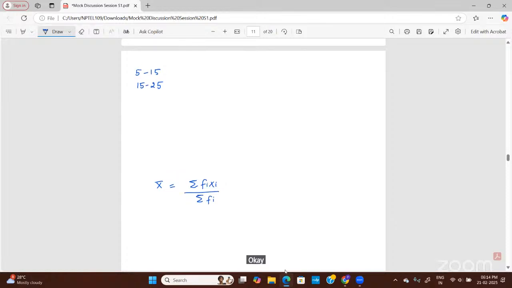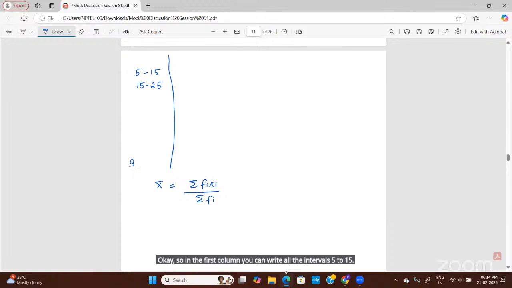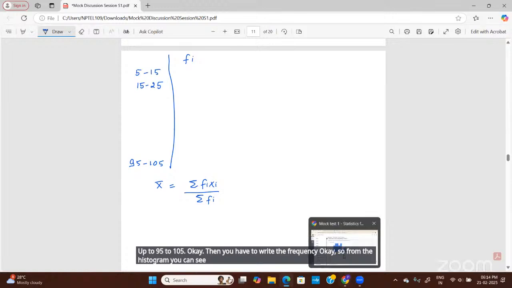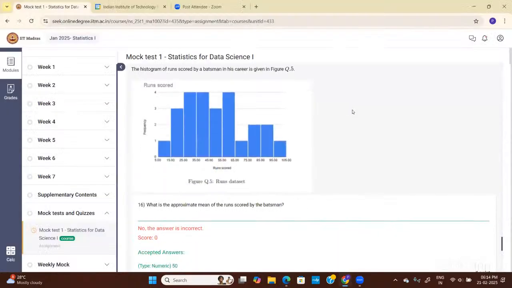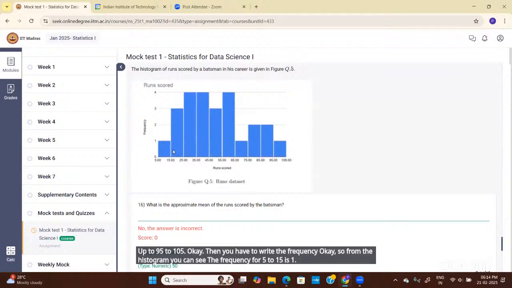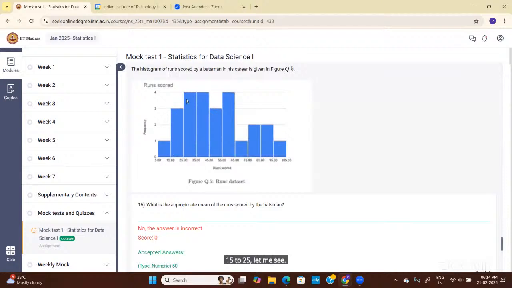Okay, so in the first column, you can write all the intervals, 5 to 15 up to 95 to 105. Then you have to write the frequency. From the histogram, you can see the frequency for 5 to 15 is 1, 15 to 25 it is 3, 25 to 35 it is 4, then 35 to 45 it is again 4, then for 45 to 55 it is 3, for 55 to 65 it is 4.